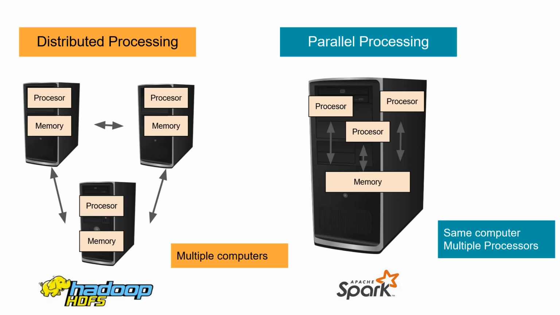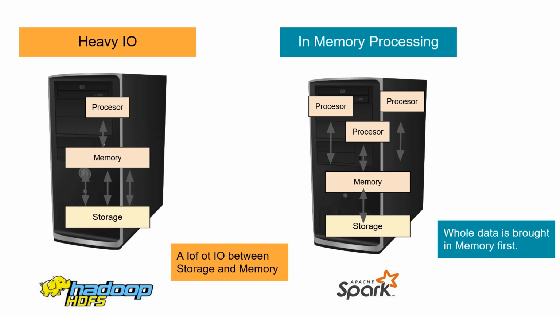Parallel processing is faster than the distributed processing, but that is not the only advantage. The next one is more interesting than this one, and that is in-memory processing. What is that? When some task is done in a Hadoop application, there is a continuous interaction happening between memory and storage, like any normal application which you run.